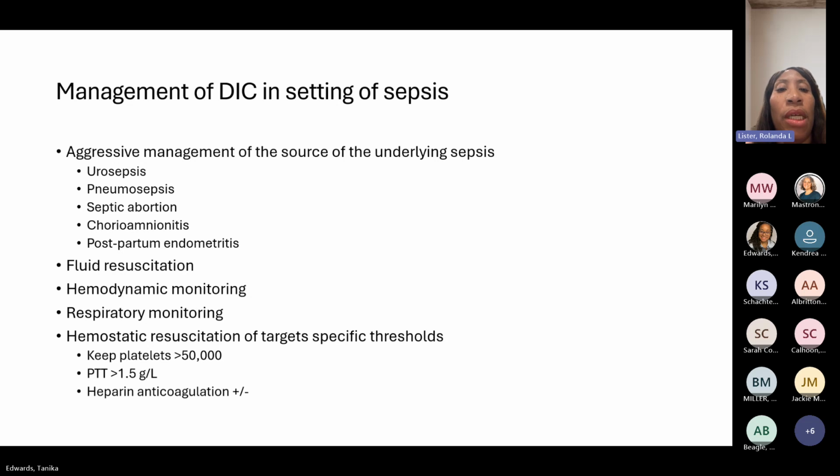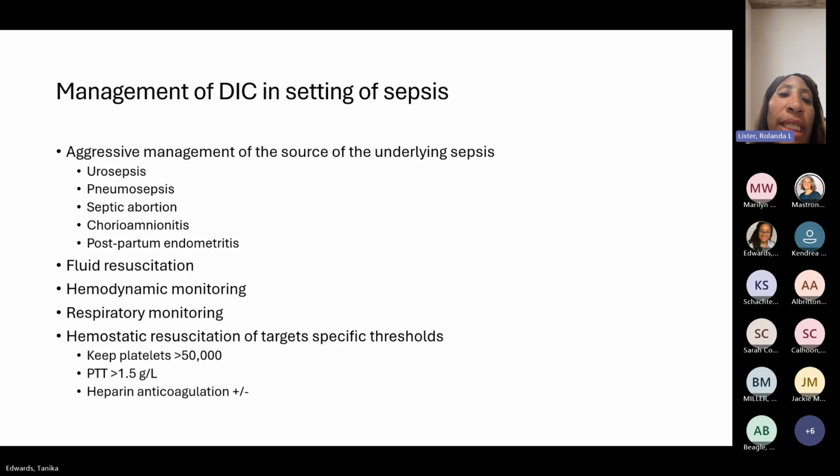So if the platelets are less than 50,000, you want to transfuse, especially if you're thinking they may need surgery for any reason. You want to keep the PTT greater than 1.5.